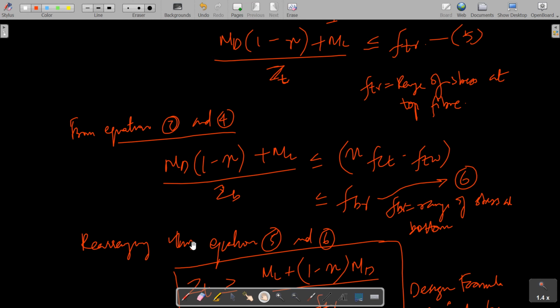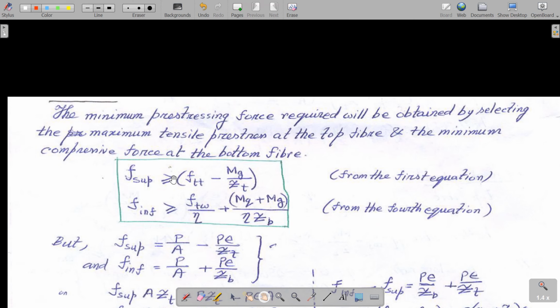From equation 1, F superior must be greater than or equal to FTT minus MD, due to gravity load, divided by the section modulus for the top fiber. From equation 4, F inferior must be greater than or equal to FTW/η plus (ML + MD·η) divided by ZB, the section modulus for the bottom fiber.